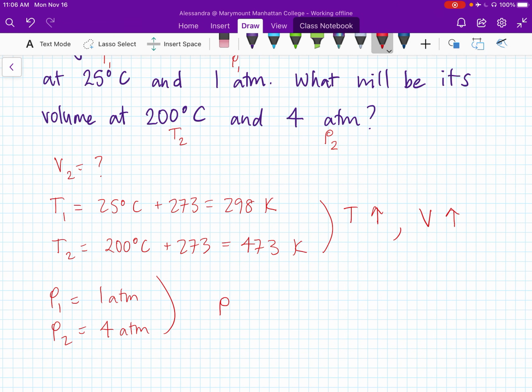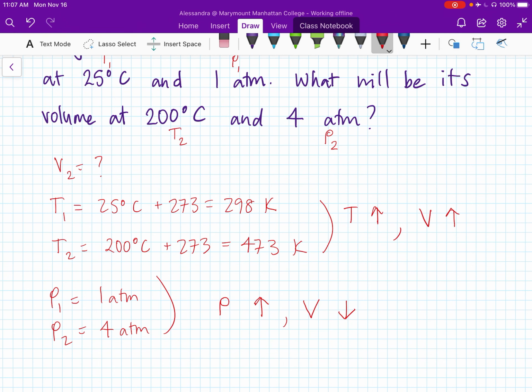Well, pressure is definitely increasing. And as the pressure increases, what do I expect to happen to the volume? Well, as the pressure increases, I would expect the volume to decrease, right?